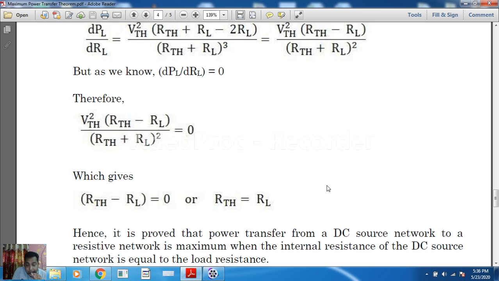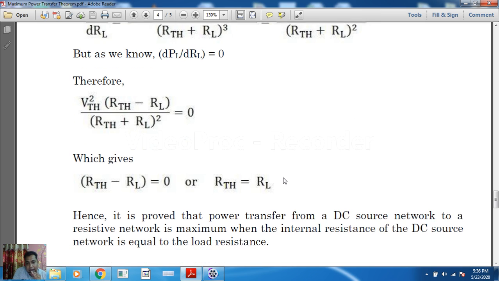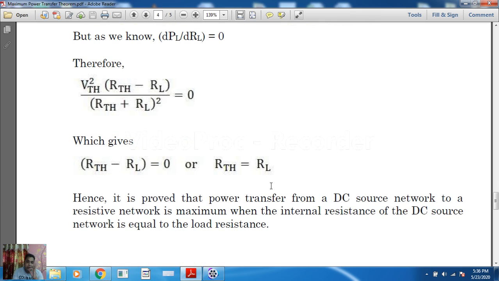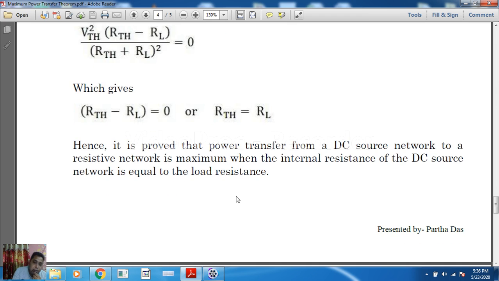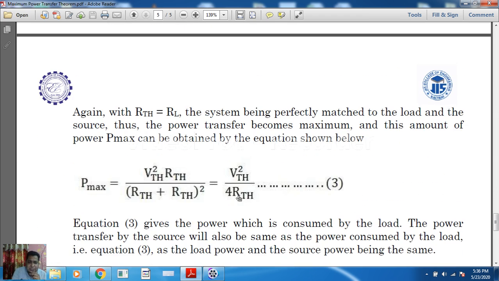After that derivation we can say that when the Thevenin's resistance, that is the internal resistance of the circuit, is equal to the load resistance, we get the maximum power transfer through the load resistance. This way we can find the value of load resistance for which the maximum power can be delivered.